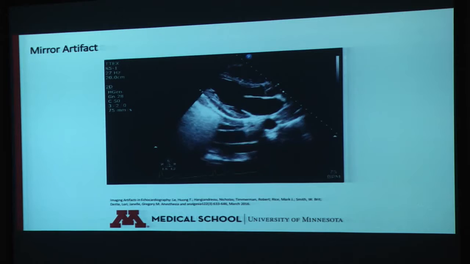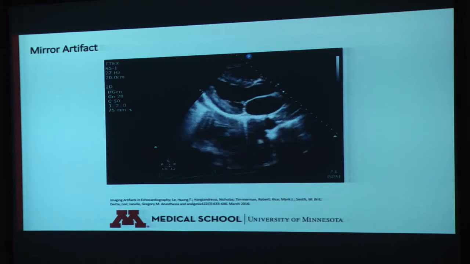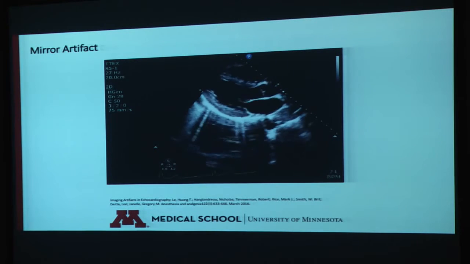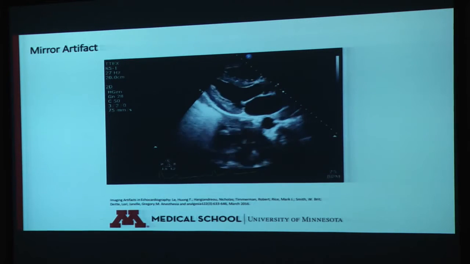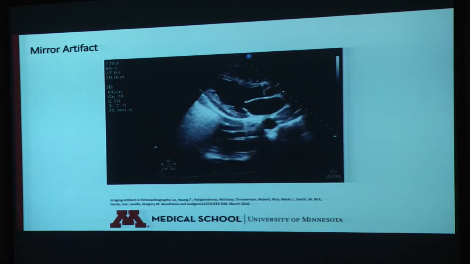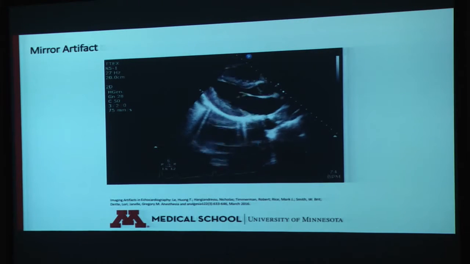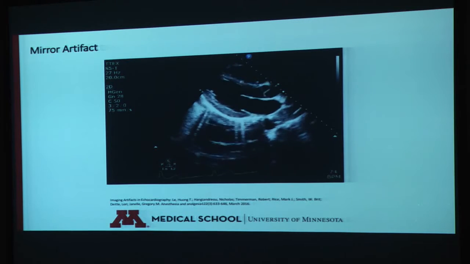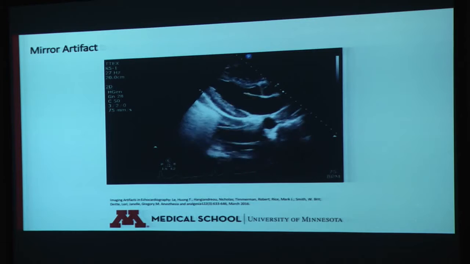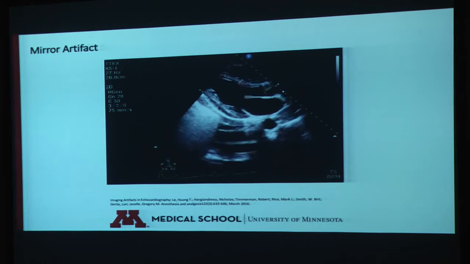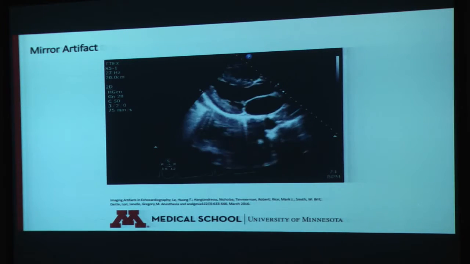Here you have the pericardium acting as a strong reflector. You have the mitral valve apparatus that you can see there. And if you look deep to that, essentially outside of the heart, you'll see what looks like a reflection of the mitral valve leaflets as well. And in this case, that must be artifact because that's completely outside of the heart.